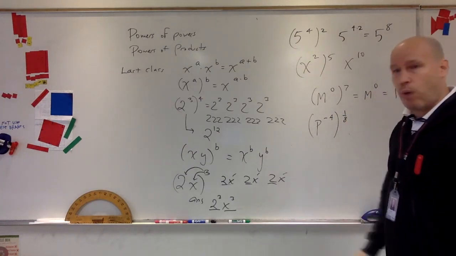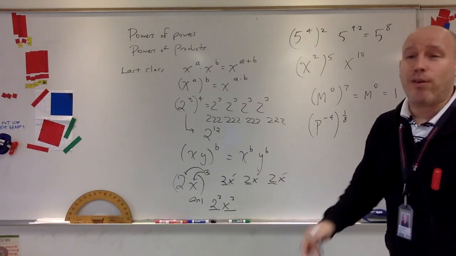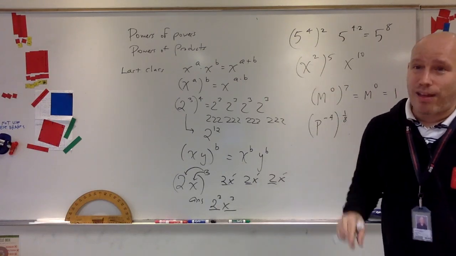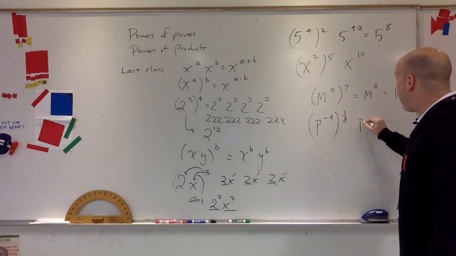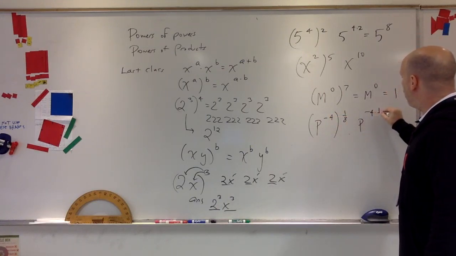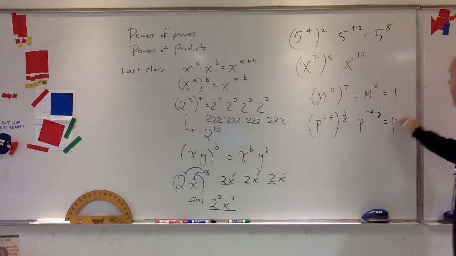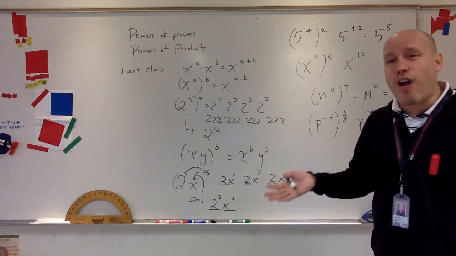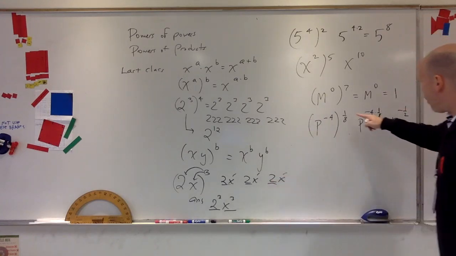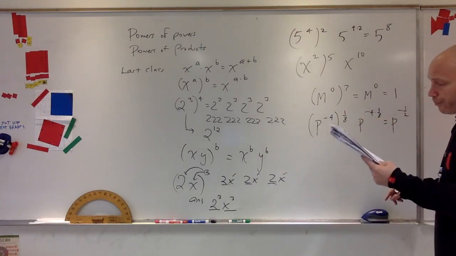Well, the rules haven't changed. I don't care that there's a negative. I don't care that there's fractions. If I have a power to a power, you multiply. Final answer, p to the negative 1/2. What that means is something for more interpretation, another conversation, but once again, a power to a power, you multiply.